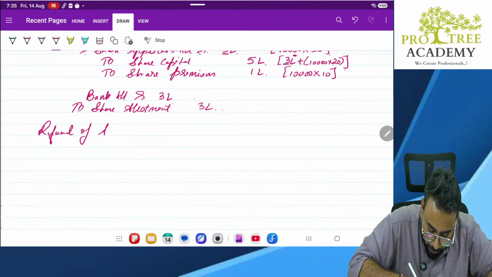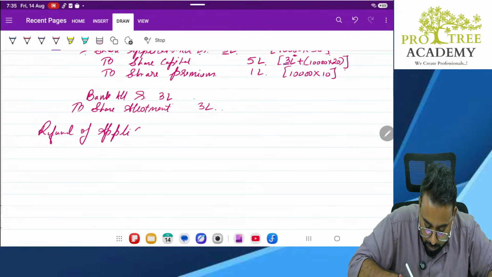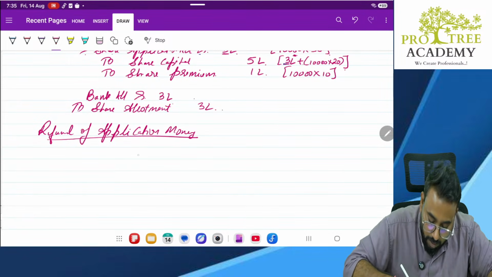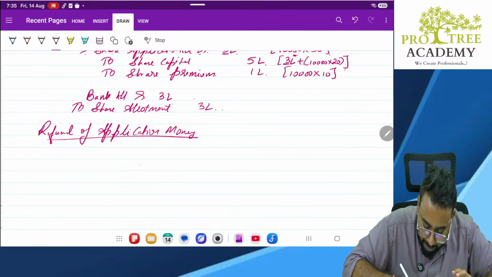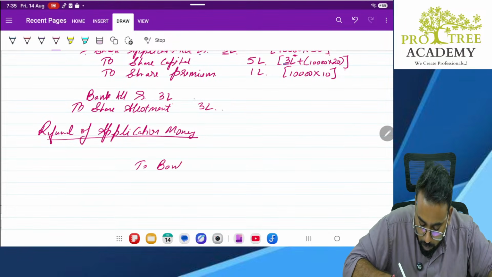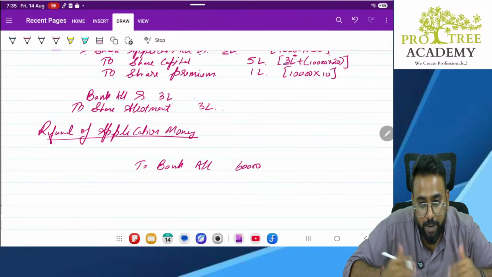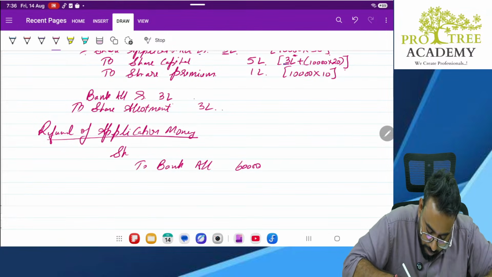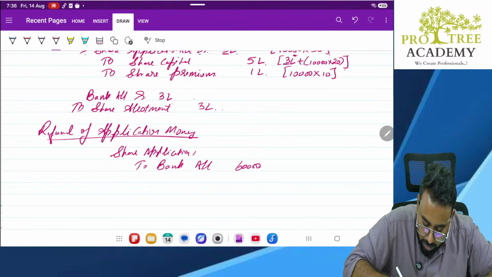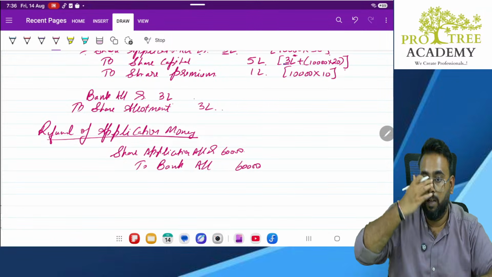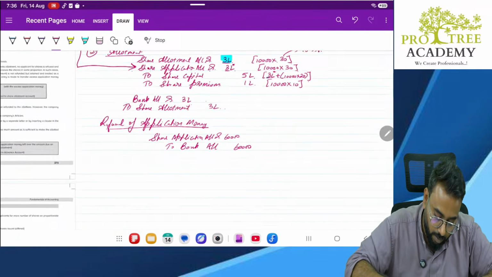Refund of application money. We have to pay from the bank, so bank balance will come down by 60,000, and our liability will also come down. So share application account debit 60,000. Clear? Next.